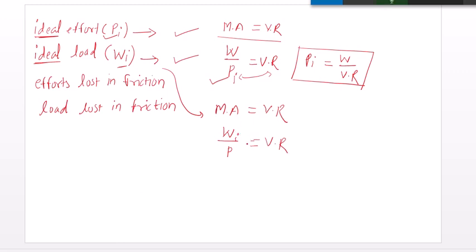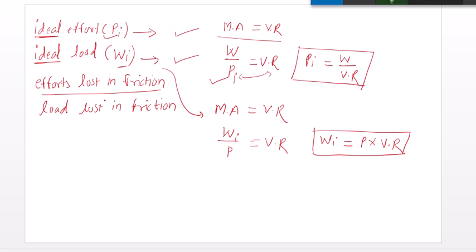And you will get W suffix I, that is ideal load, is equal to P into velocity ratio. This is the formula for ideal load.